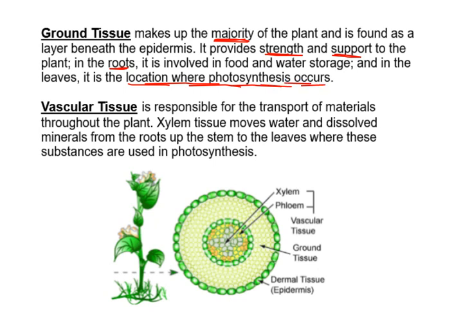And if you can imagine a cross-section picture here, you're going to have dermal tissue on the very, very outside edge, and then the inside part of it is going to be the ground tissue. Okay. It's either tightly compacted or it's very, very loose, one of the two.